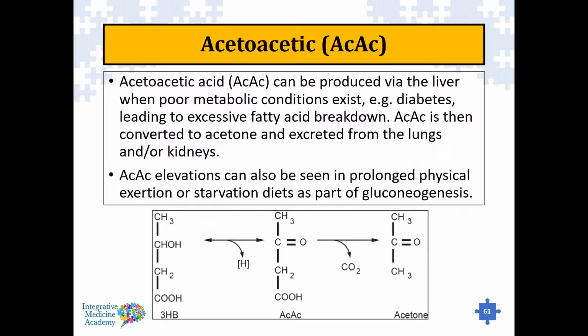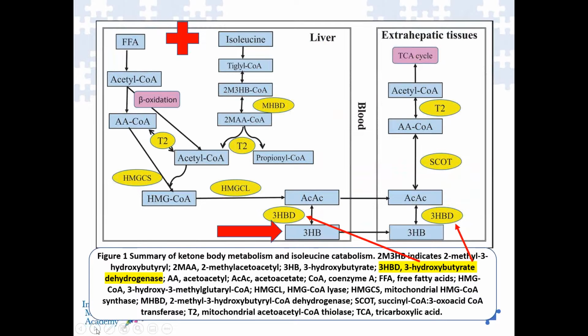Our brain takes priority almost over everything. And so when our brain is deficient, it's going to require a lot of fuel to keep it functioning. So you can see elevations of 3-hydroxybutyric and acetoacetic in somebody as a reflection of some underlying metabolic problem.